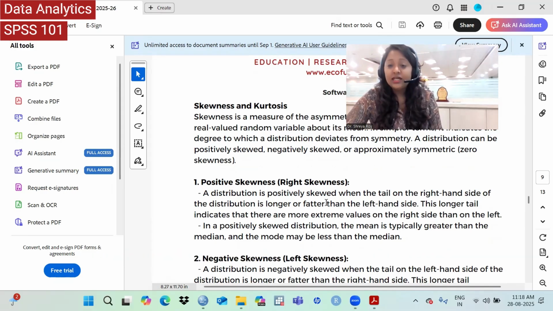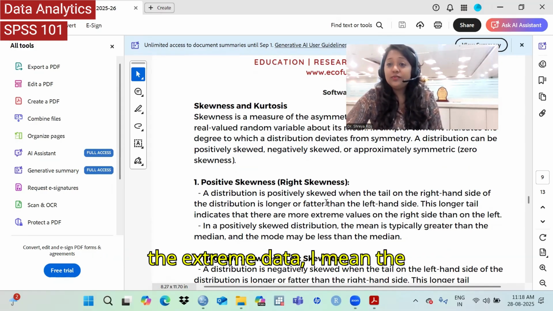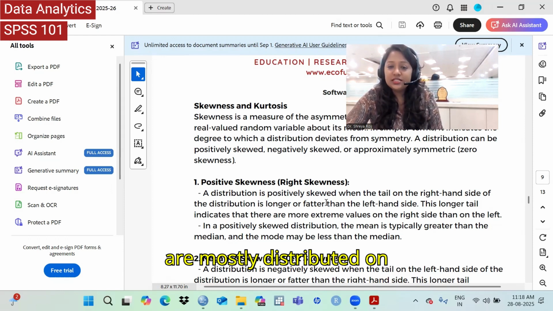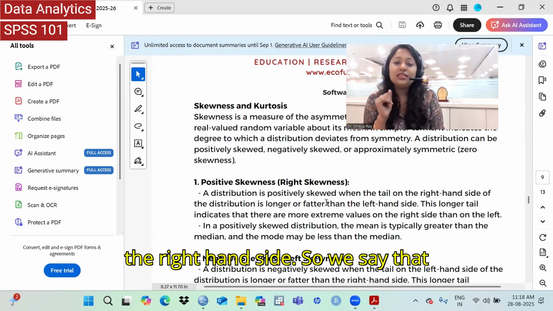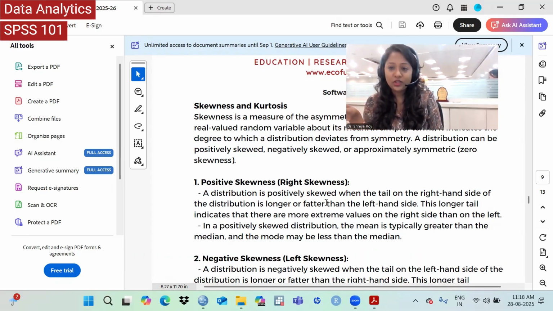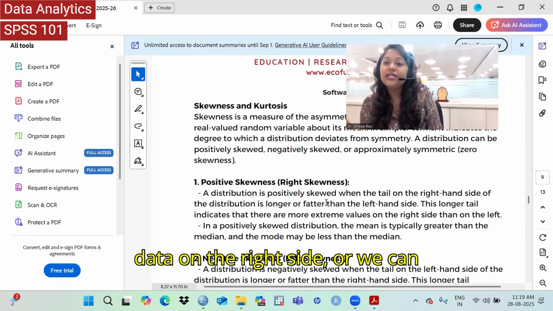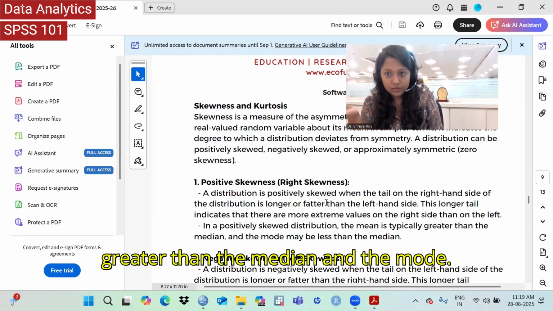What does this mean? This means that the extreme data, the larger values of the data, are mostly distributed on the right-hand side. So we say that the positively skewed has a right tail. There is more or heavier data on the right side, or we can say that the mean is greater than the median and the mode.